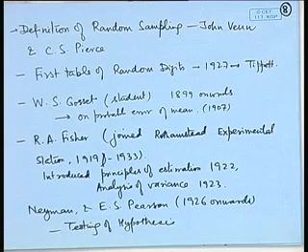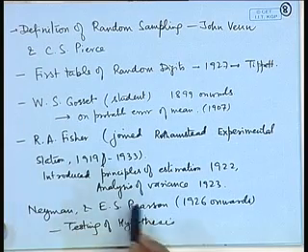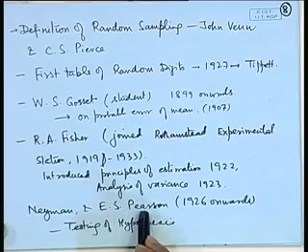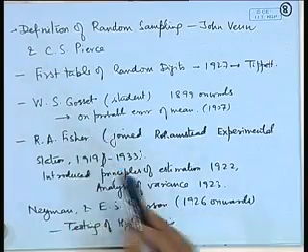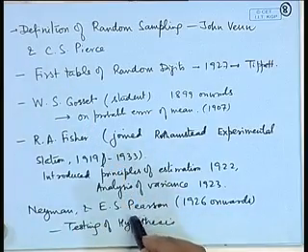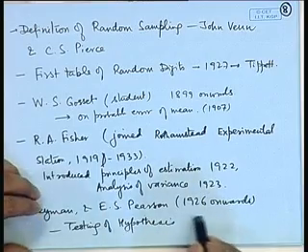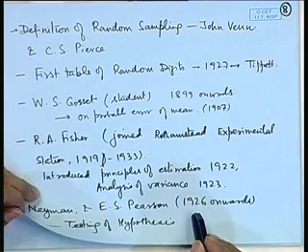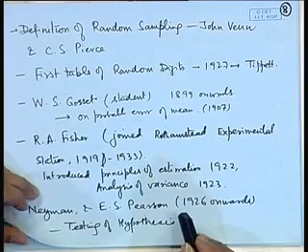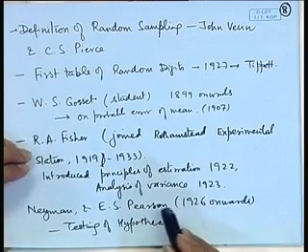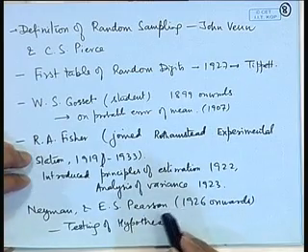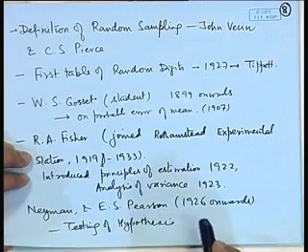In the meantime, Polish mathematician Jerzy Neyman and E.S. Pearson, who was the son of the earlier mentioned Karl Pearson, started developing the theory of testing of hypothesis from 1926 onwards. They published a series of papers where they gave the so-called Neyman-Pearson lemma and its applications for testing various kinds of hypotheses.